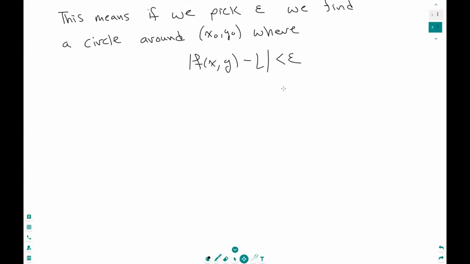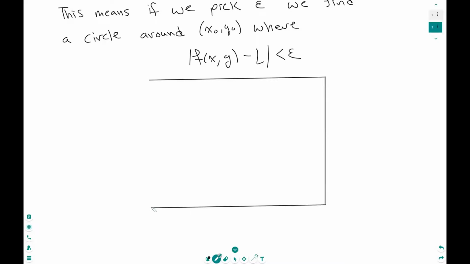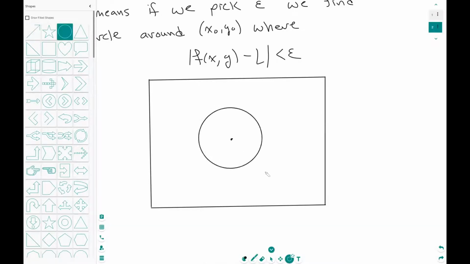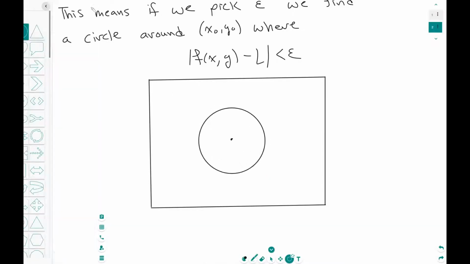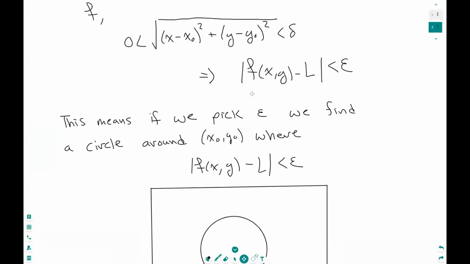So let's draw our box again here. We're just looking down, so we don't actually know the elevation of the function that we're looking down on here. But again, imagine we're trying to find the limit as we approach some point here, maybe close to the center. The idea is if I have circles, right? So maybe this is some circle that's represented by delta.